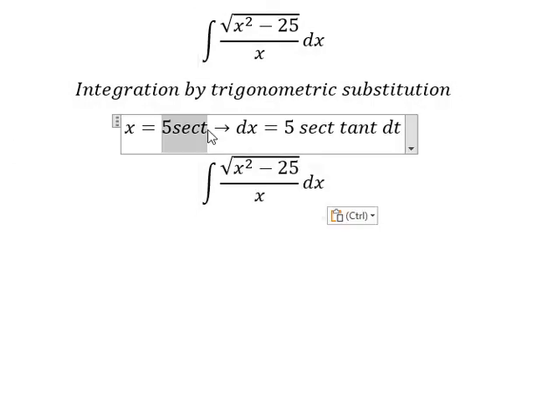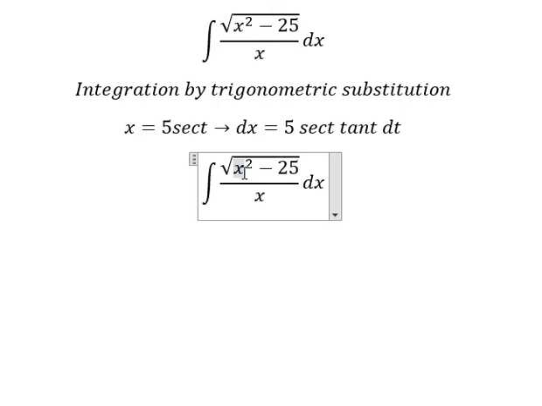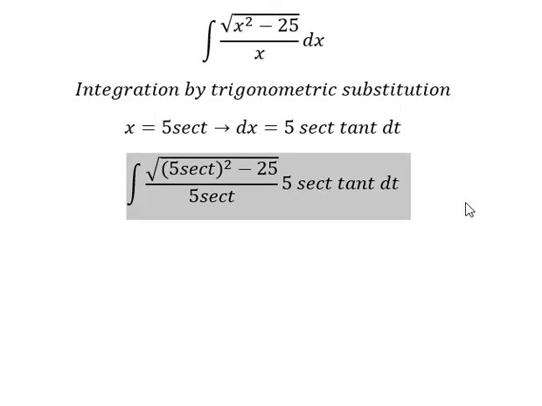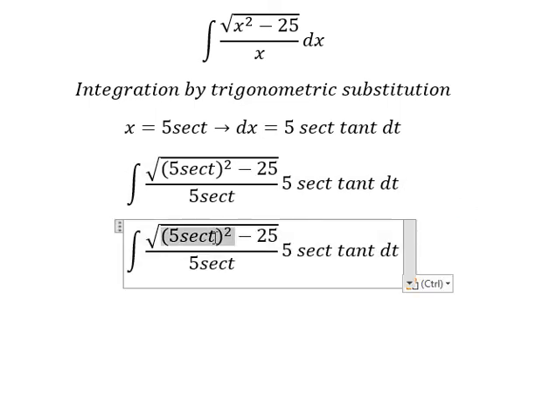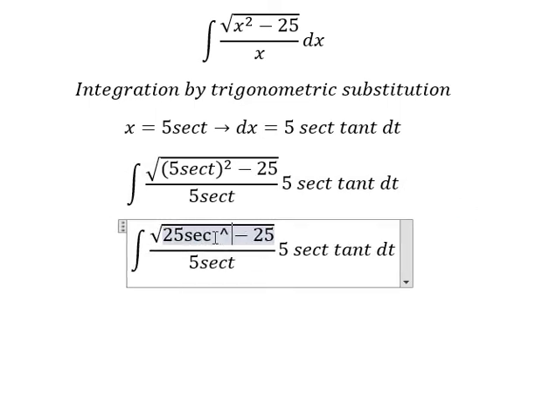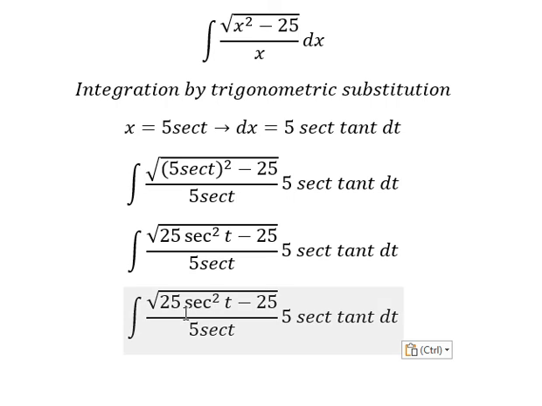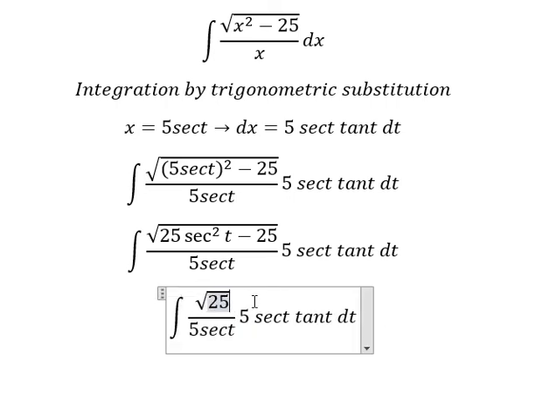Now I will put this one here and here. Then we change by this one, so we have 25 secant of t square, 25, we can do factorization.